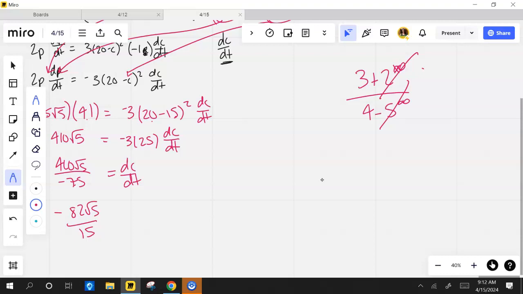Because if you have 2 raised to the infinity or 5 raised to the infinity, they're both infinity, right? Even if you flipped them, you're still kind of infinity over infinity. It's like 1 over 1. So I just kind of went away with those.